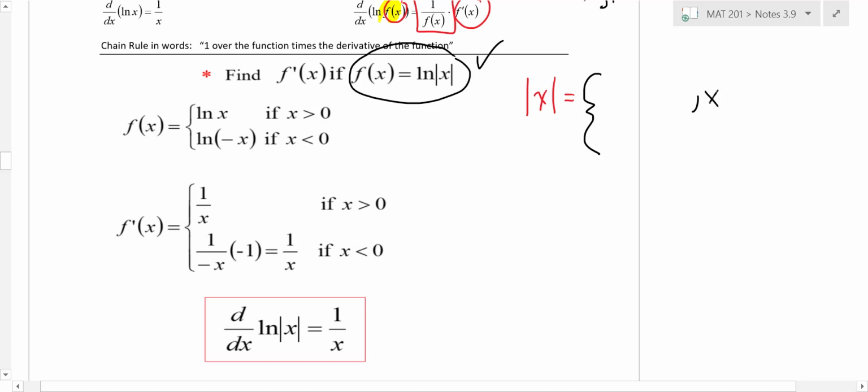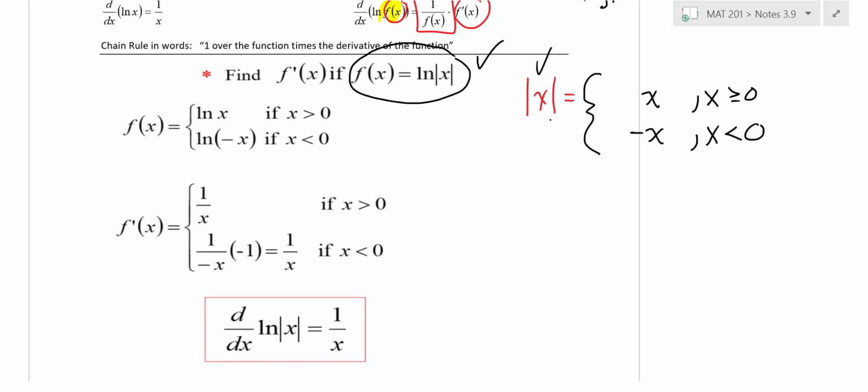If x is positive, or if it's equal to 0, the answer is just whatever's inside the absolute value symbol. You already know that. But if x is negative, the answer is the opposite of whatever's in that symbol. Okay, and you need to understand that definition. In Calc 2 the other day we were doing some derivative, and I could tell students didn't know this definition, and we had to pull it out to do that derivative. So it's actually very simple.